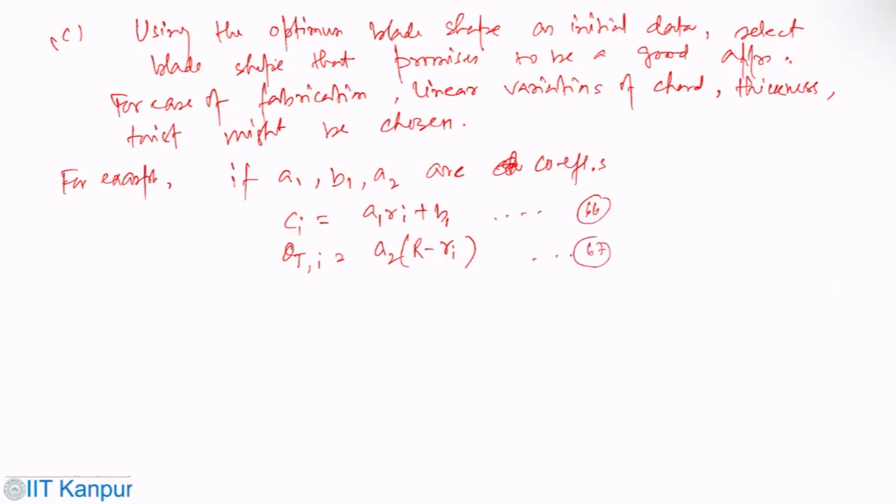So if A1, B1, A2 are the coefficients for a chosen chord and twist, then the chord and twist can be expressed like that. So these are some examples of how this linear variation could be.